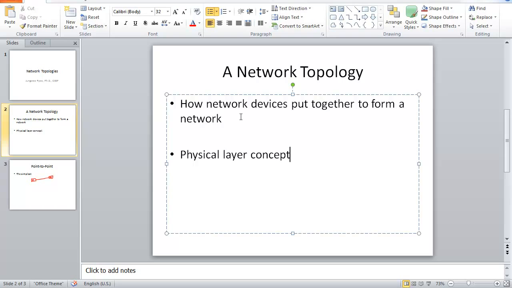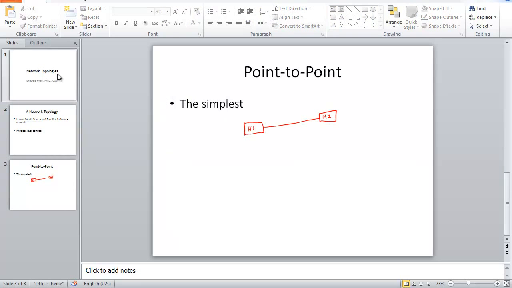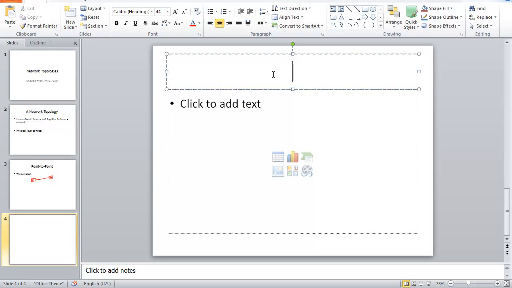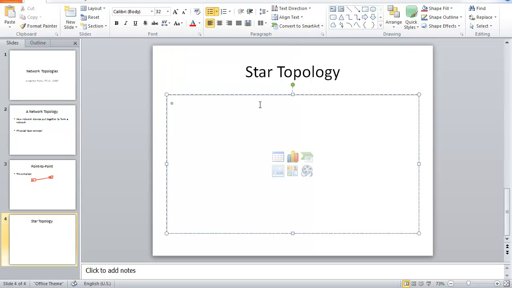So the next topology I want to look into is the topology called star. And this topology kind of builds on top of the point-to-point topology.